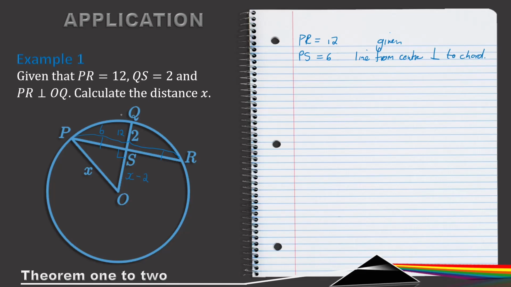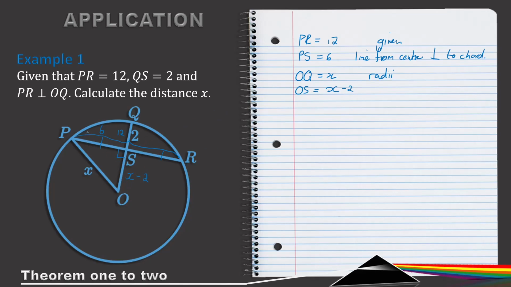All right. So there we have that. Now from here, we said that OQ is also equal to x because of the radii. Okay, and that makes OS equal to x minus 2. Right, no reason there, that's just logical progression.